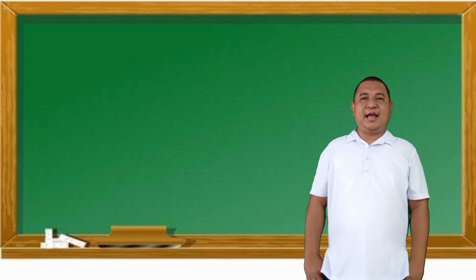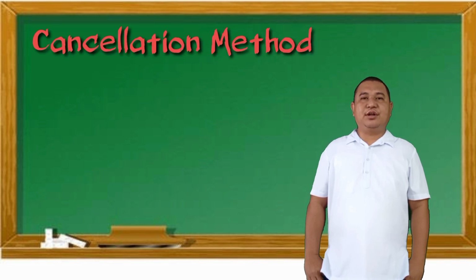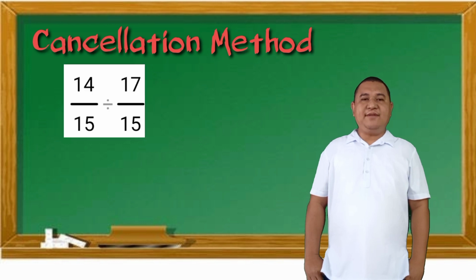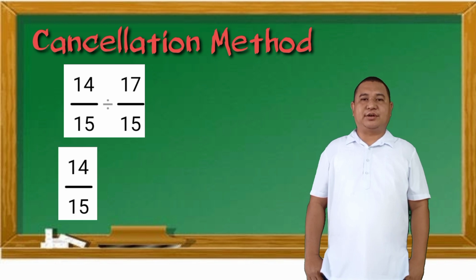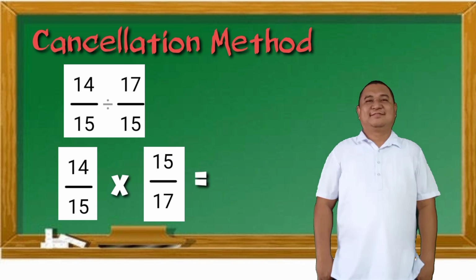This time, allow me to discuss with you another method that can be used in dividing fractions and mixed fractions. We call it cancellation method. 14/15 divided by 17/15, get the reciprocal of the divisor that makes it 15/17.